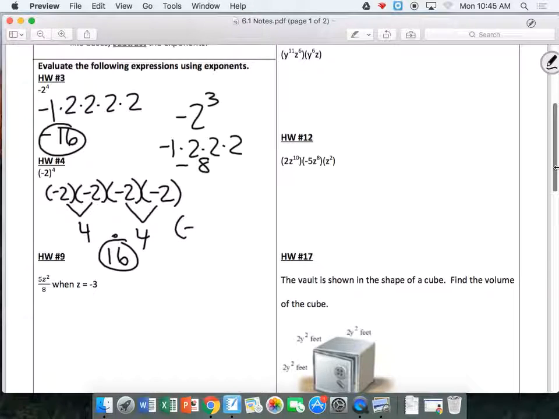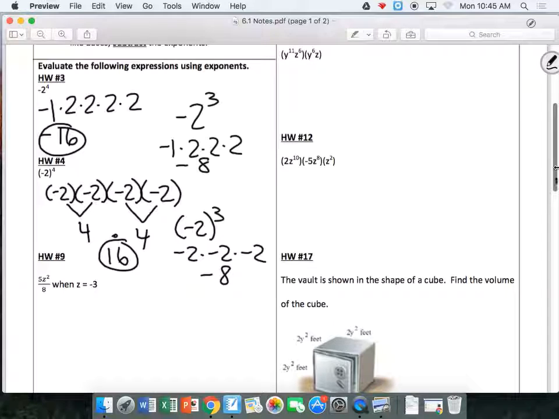But what about negative 2, all to the 3rd power? It would still be negative 8, because 2 negatives make a positive, and then the 3rd negative makes a negative. So if it's to an odd power, it really doesn't matter where the negative is. It's going to be negative. It's the even powers that matter.